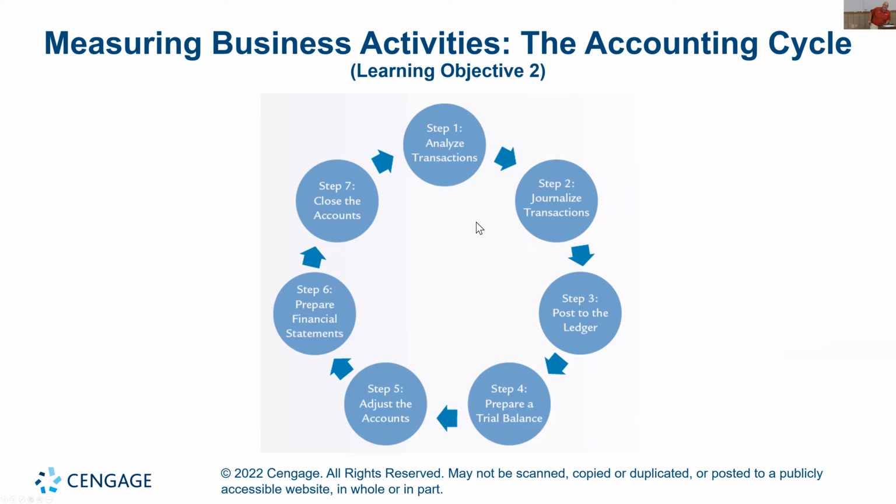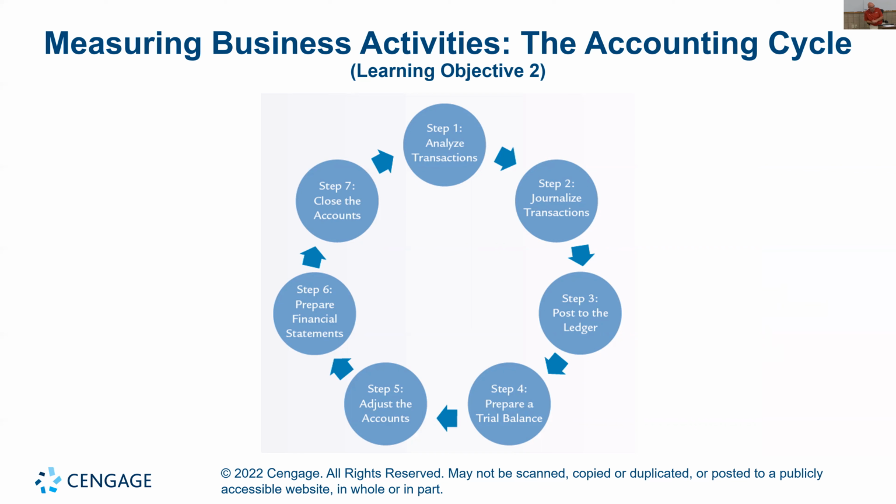When we analyze transactions, this is where we identify and measure. We look at the accounting equation and say first, for the monetary unit assumption, do we have an event that deals with some kind of dollar amount, some kind of value?